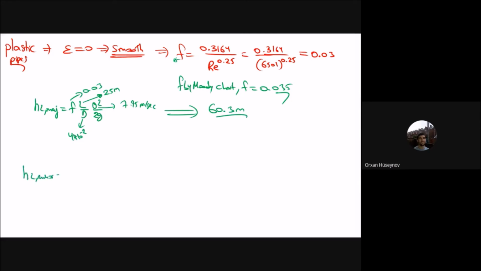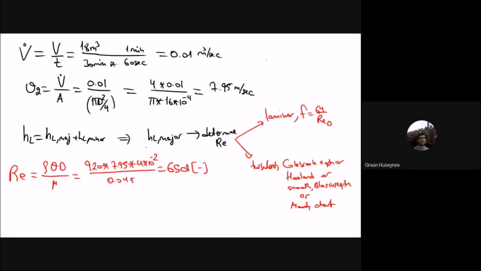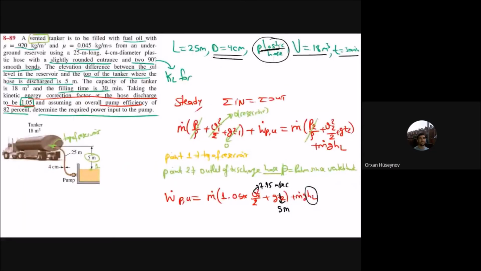Now comes the HL minor here. HL minor. And the question says that one has a formula KL V squared by 2G. Okay. And the question says we have a slightly rounded entrance. Okay, this is the first part, and the two 90 degree smooth bends. Okay, this is the second part.